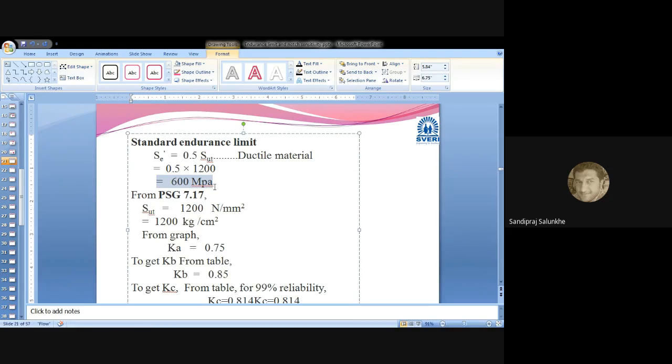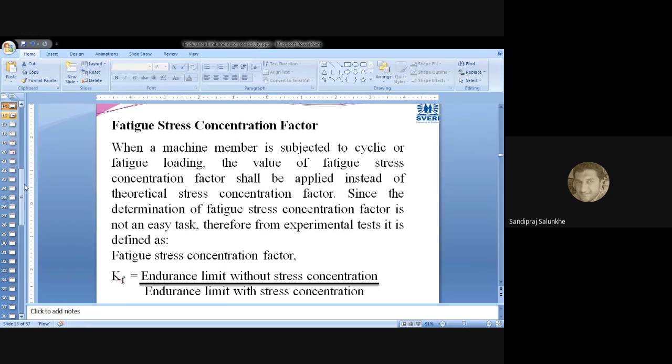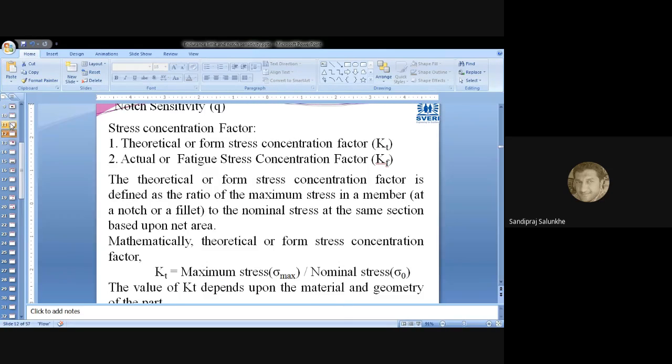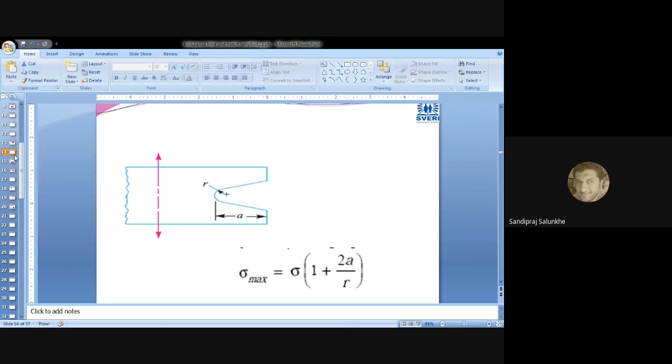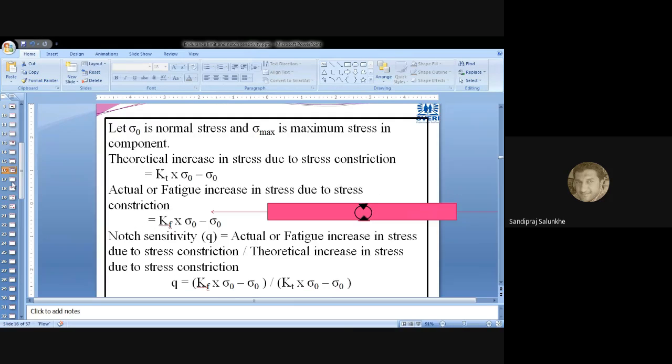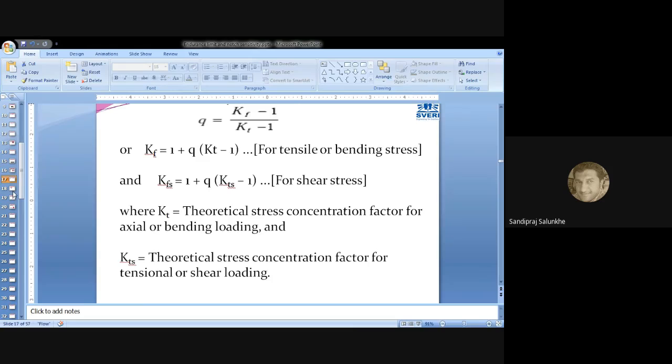Now from this design data book, this PSG is actually a publisher, and it is called the PSG design data book. From this design data book, further calculations are done, and already we have the graph as well as formulae by means of which we calculated these various factors.